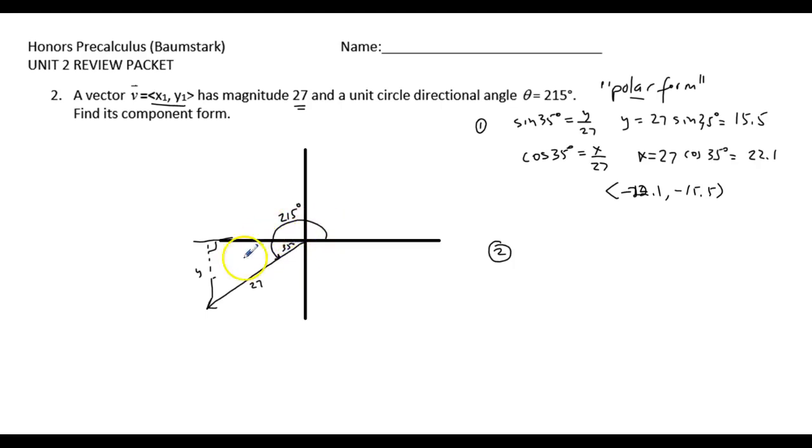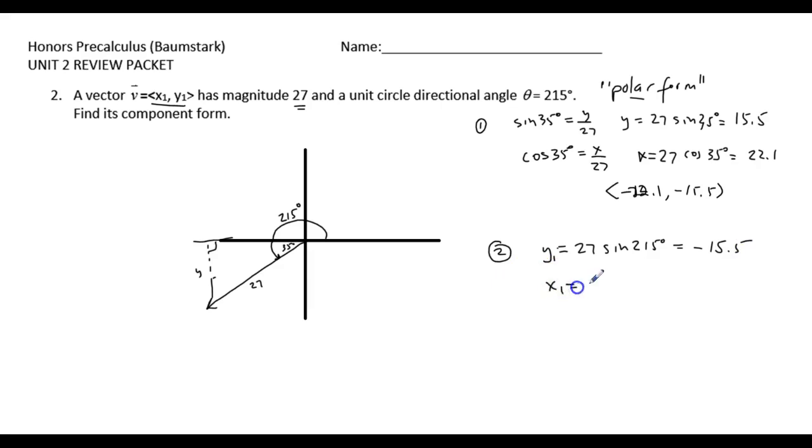What we're really doing is trying to find a coordinate on the unit circle here and then stretch it out by 27. So the foolproof way to do this would be to say that the y coordinate is going to be 27 times the sine of 215 degrees, because that would give us the coordinate in this third quadrant of the unit circle. If we plug that in, you'll directly get negative 15.5.